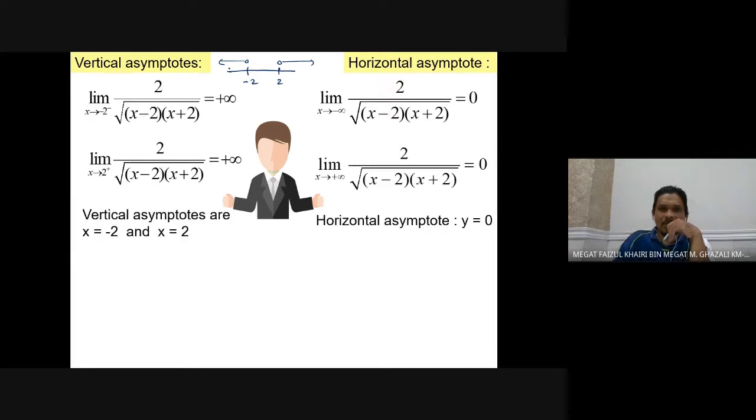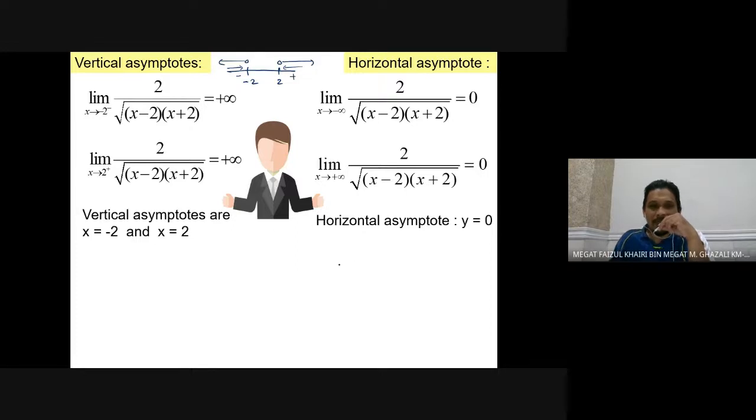So when x approaches -2 from the left and x approaches 2 from the right, we substitute values of x very close to -2 from the left side. So from -4, -3, -2.5, -2.2, -2.1, -2.01.